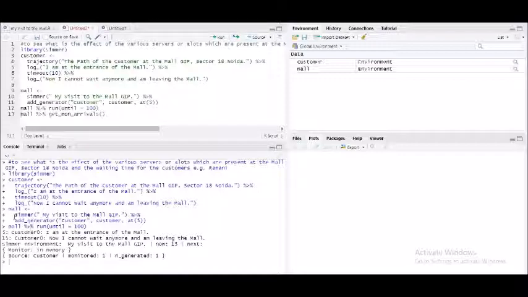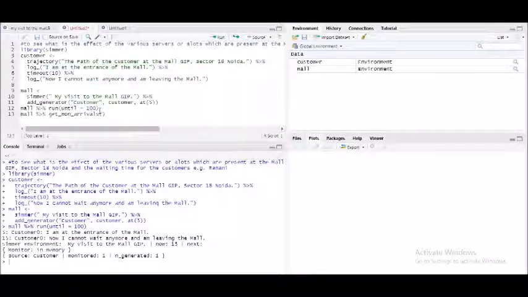This entire thing is saved, let's say in a server, and then given to you as an output. So at the 15th minute you can see the next result that has come in: the customer is saying, now I cannot wait anymore and I'm leaving the mall.